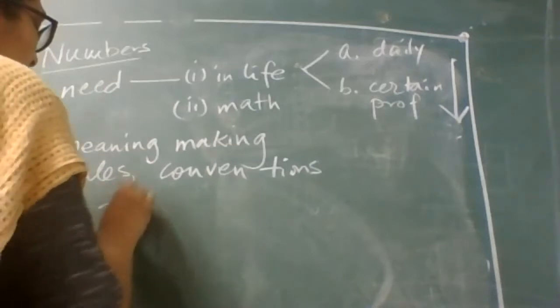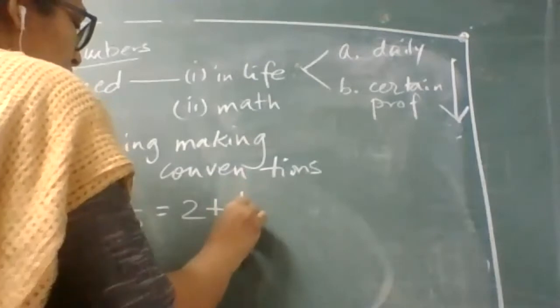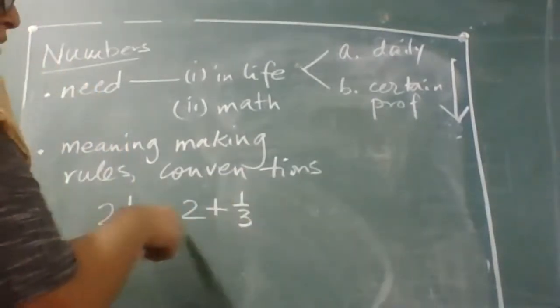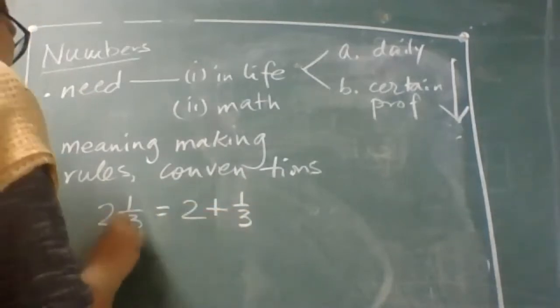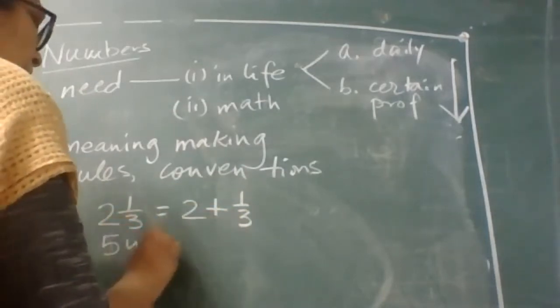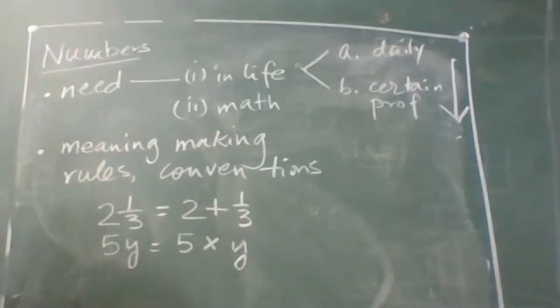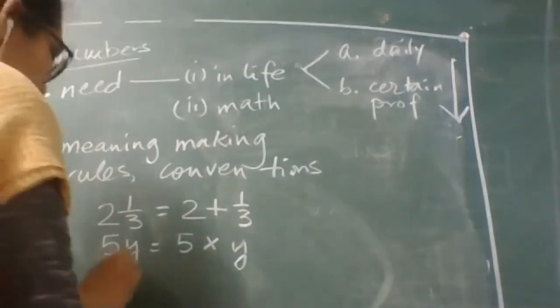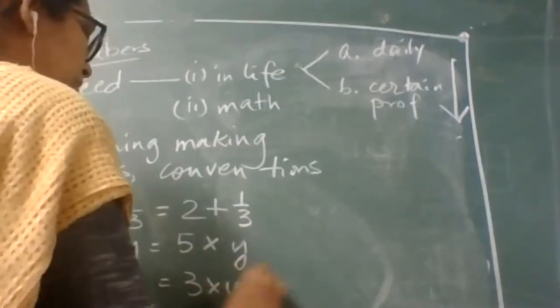When you write a mixed fraction, you are putting a 2 and a 1/3 together, and the meaning is that you are adding them. Whereas if you have 5y, that means 5 times y. And of course, if you have 3/4 written as a decimal 3.4, that is 3 plus 4/10.